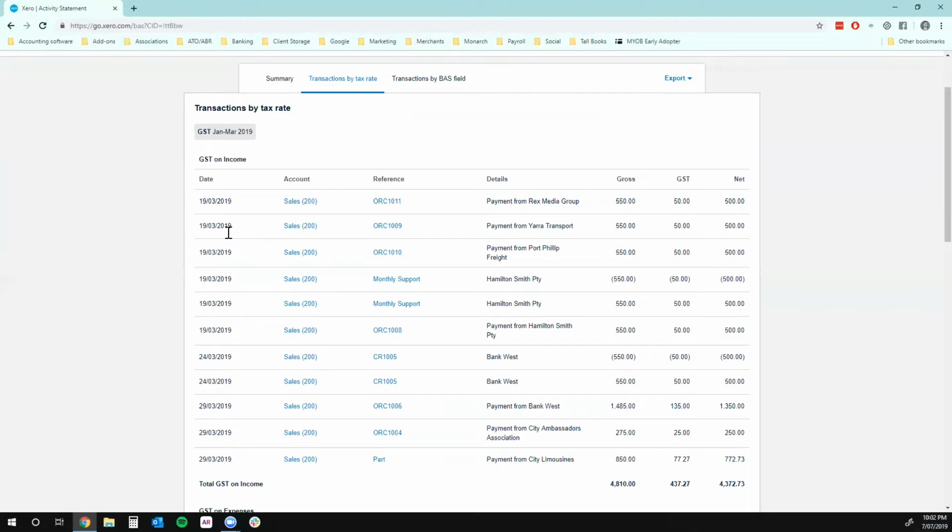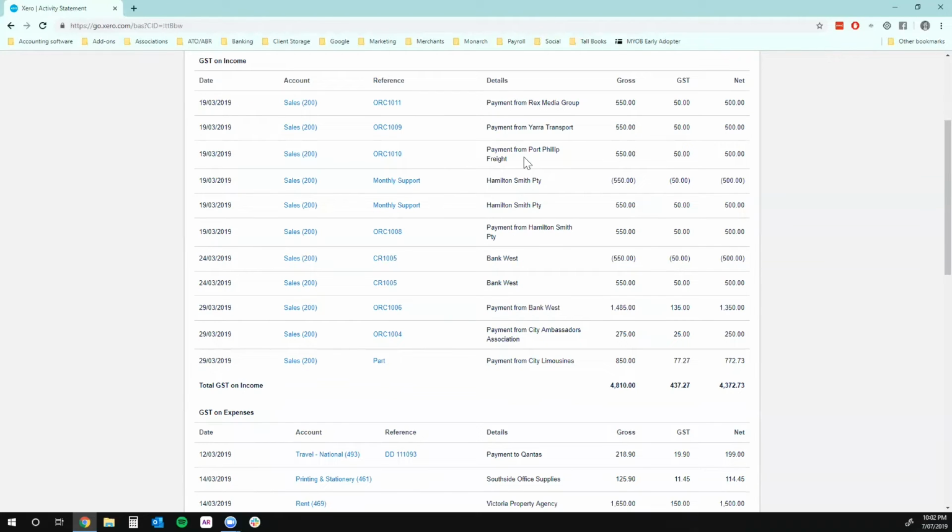So you'll see here all of the sales, which account they relate to, any reference you put on, the details pulled out of the invoice, followed by the gross amount of the sale and the GST charged. Anything in brackets is a negative. So you want to look at any brackets and make sure you can verify their accuracy. So here I can see Hamilton Smith was refunded their monthly support fee, so was Bank West.